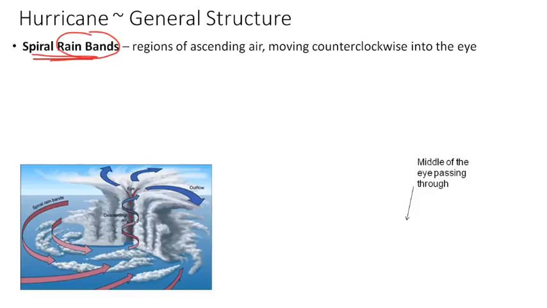With the rain bands, let me start here. As with a lot of weather systems, we have a connection between what's happening at upper elevations and what's happening at lower elevations. At the lower elevation, we have a low pressure, and at the upper elevations, we have a high, for the hurricane, the storm itself.